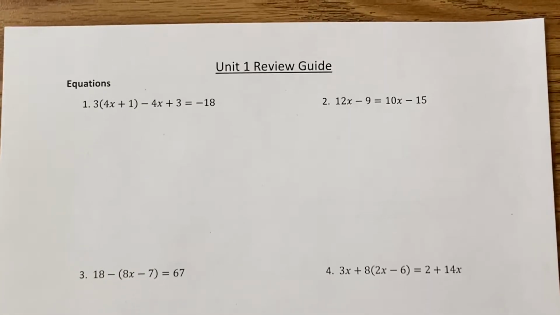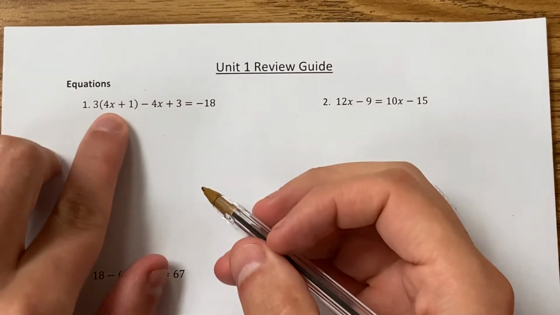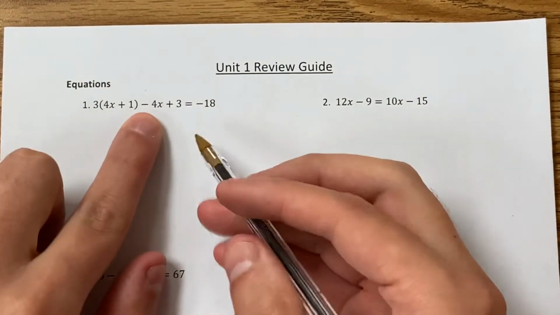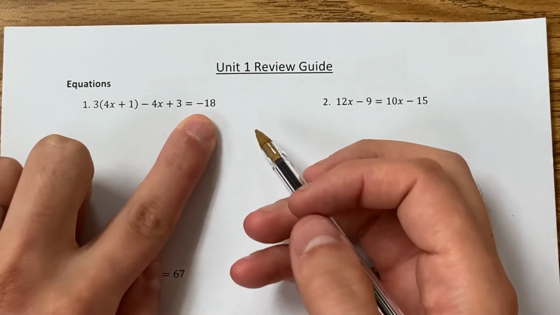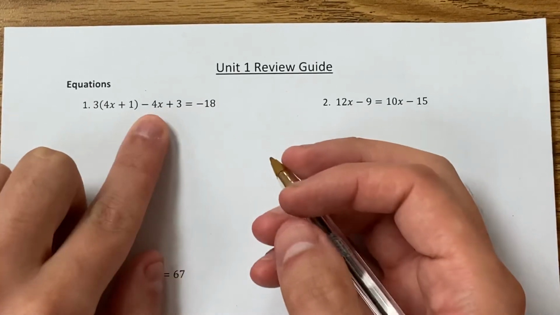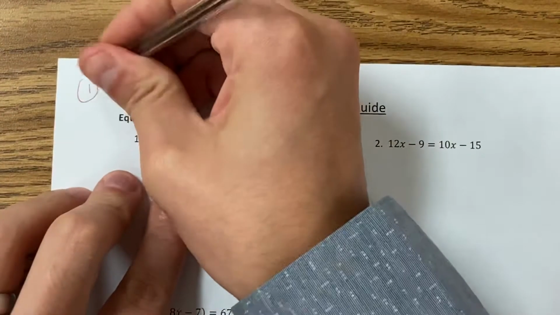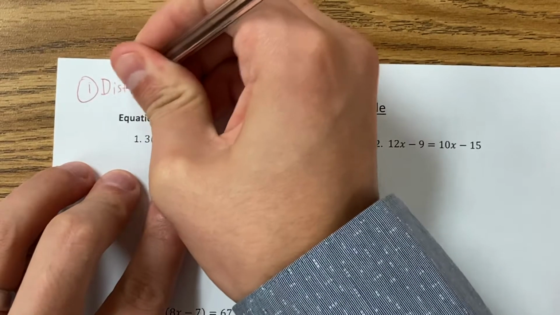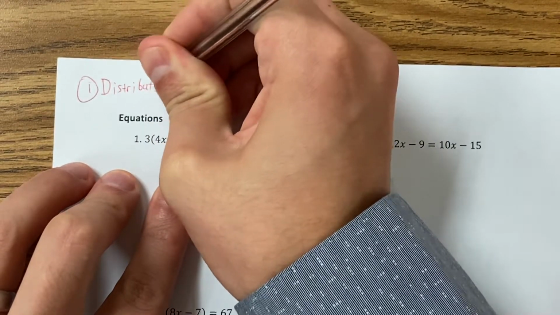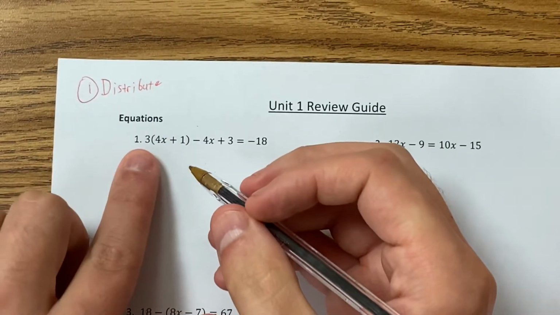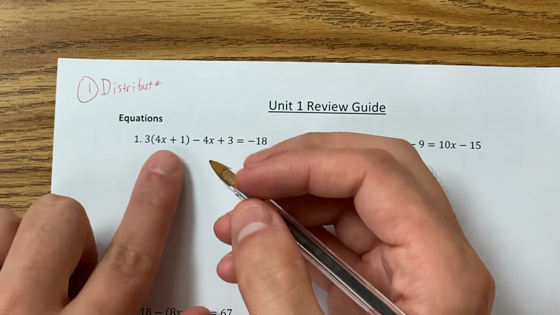Number 1. 3 times 4x plus 1 minus 4x plus 3 equals negative 18. So the first step for these things is, if you can, you always want to distribute. On this question, we can distribute because there's this parenthesis.